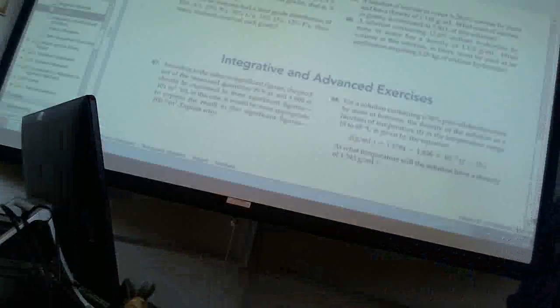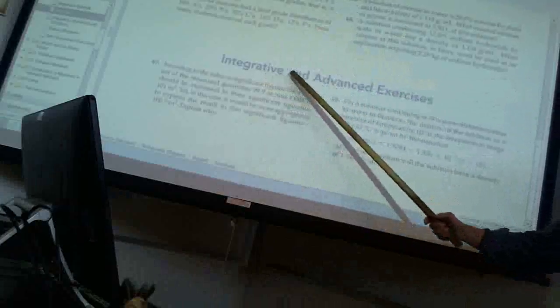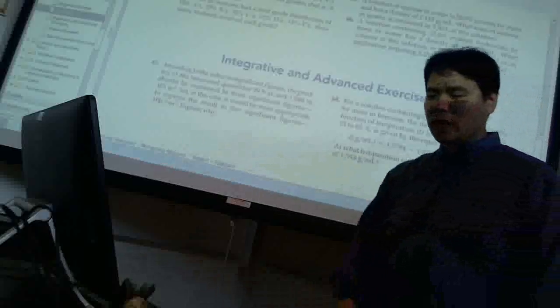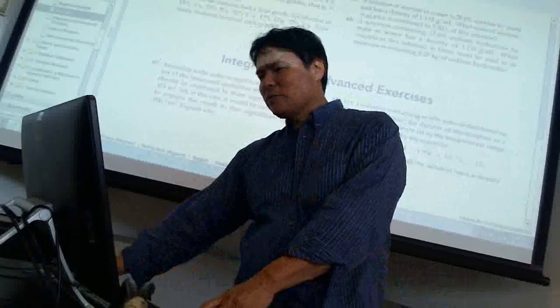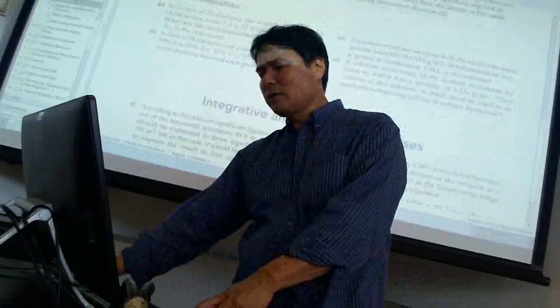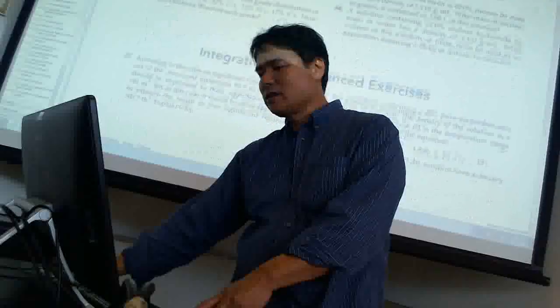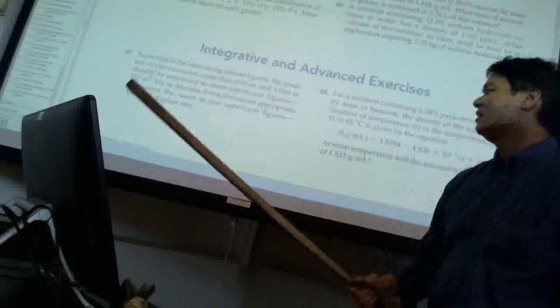All right, what we're going to do is skip these basic problems and go straight to the integrated and advanced exercises, to show you what the difference is between intro chem and chem 1A. Most of the basic problems here are intro chem or chem 4 style questions. It's not until we get to the integrative and advanced that we see things more like chem 1A that we expect.